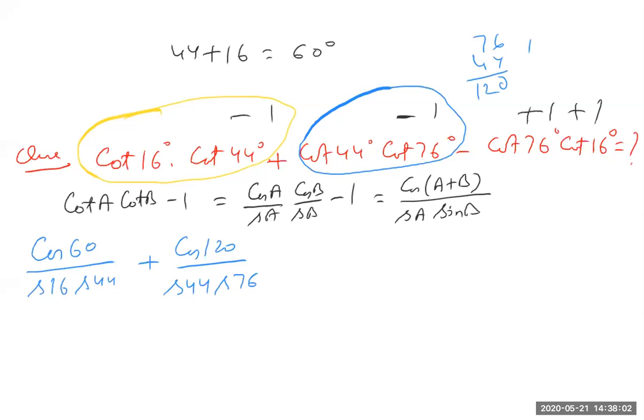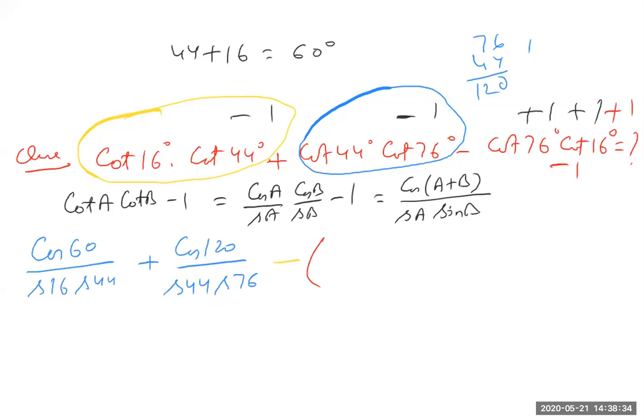Now from this to next, I will take minus outside. So this is minus. Next, cot A cot B minus 1 will be cos of A plus B, or here you use another formula, you can use minus 1. So this will be A minus B, and A minus B will be 60. So what you can do here, one more thing, let us forget this. You can do minus 1 plus 1.